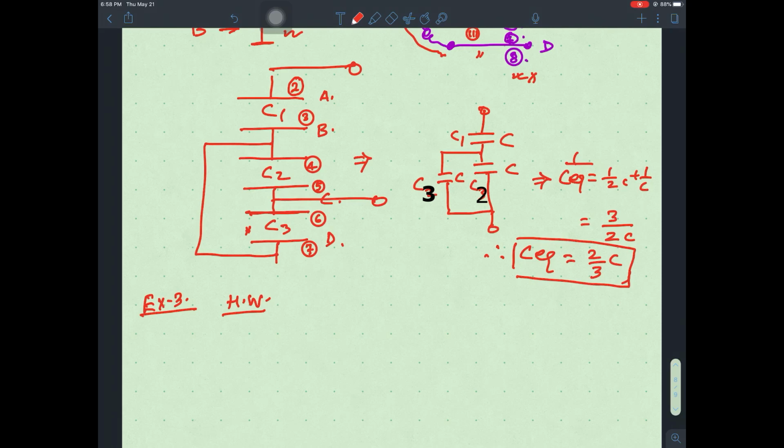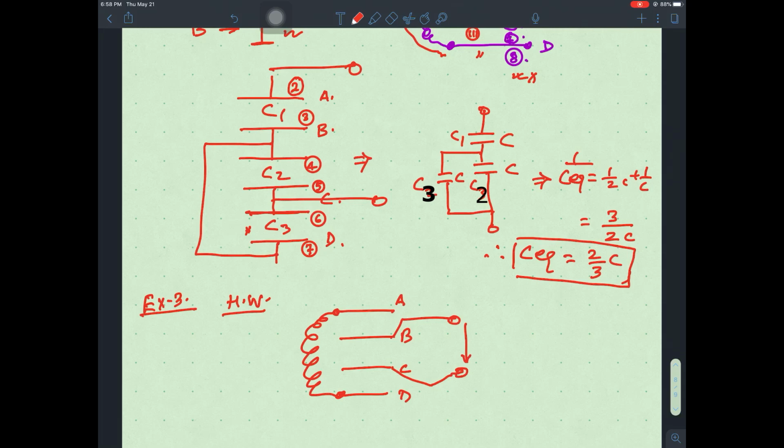What is that homework? The homework is the same: 4 plates are there as in the earlier question. Plates A, B, C, D. Here is a point, connected with this one, and here is another point.